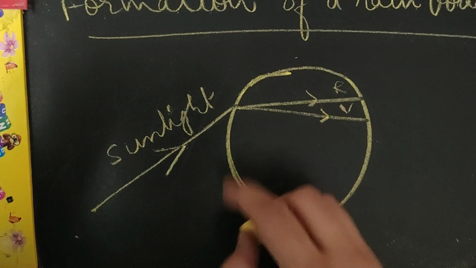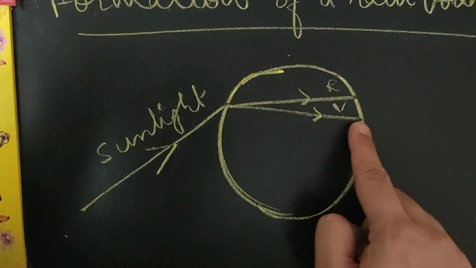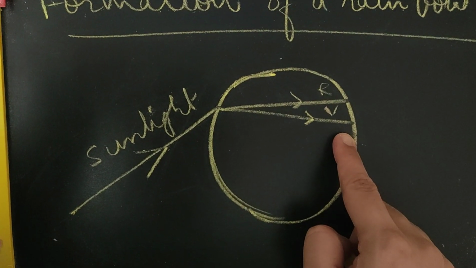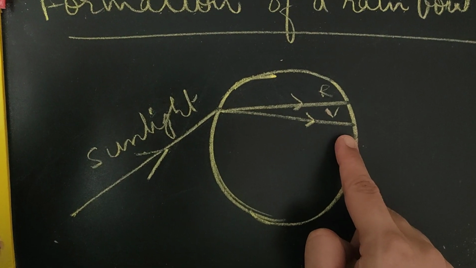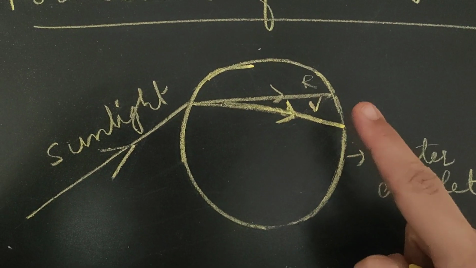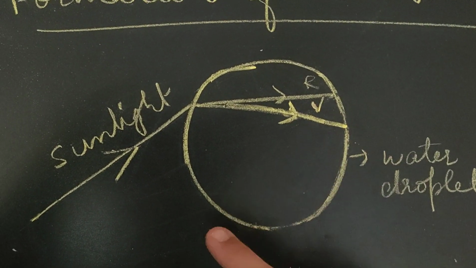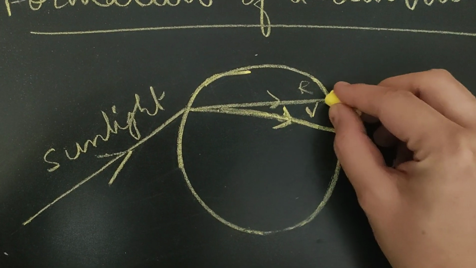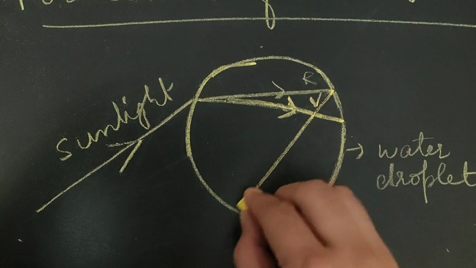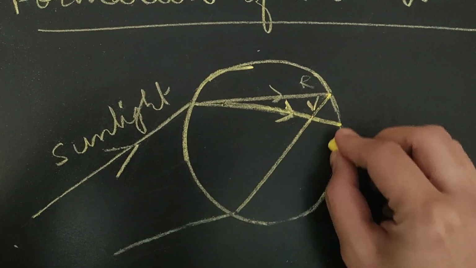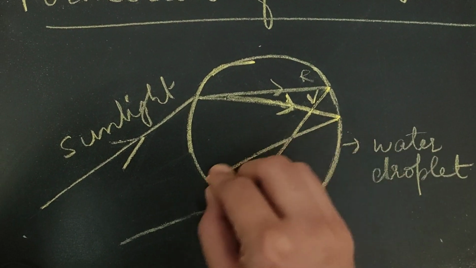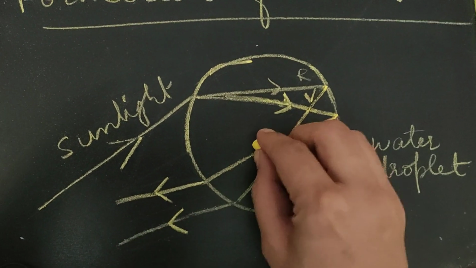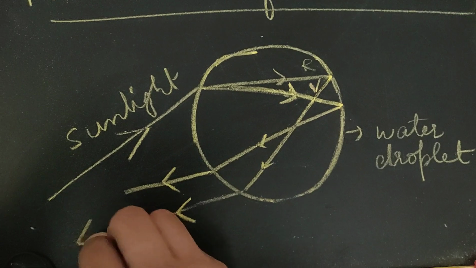Once the light has split into 7 colors, after it reaches the second surface of this water droplet, these colors get internally reflected. So from the back surface of the drop, these 7 colors will get internally reflected and they will enter the observer's eye over here.